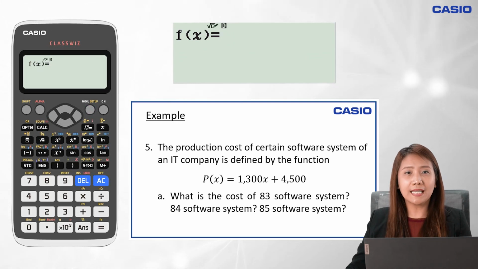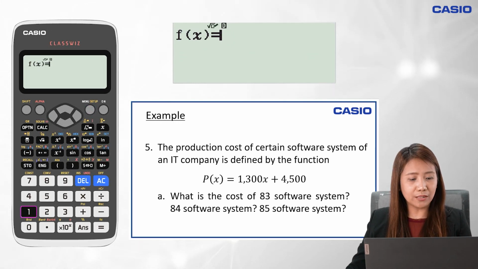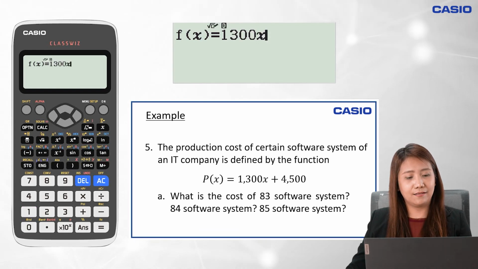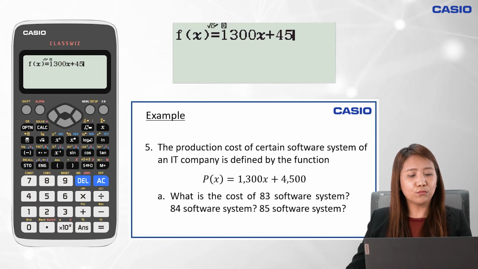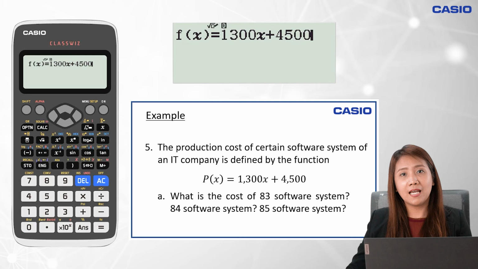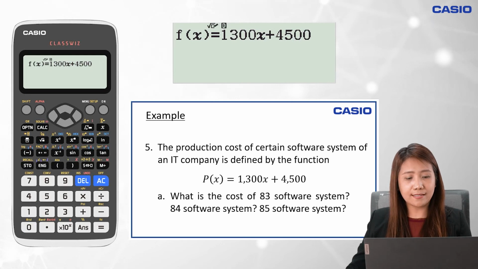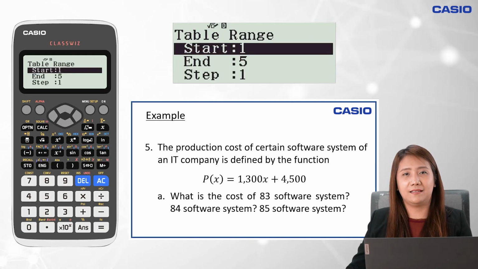Input the function, that is 1,300 followed by X. We input plus sign and we input 4,500. Then press equal sign twice. For the table range, let's use 83 to 85. For start, we input 83 and press equal sign.